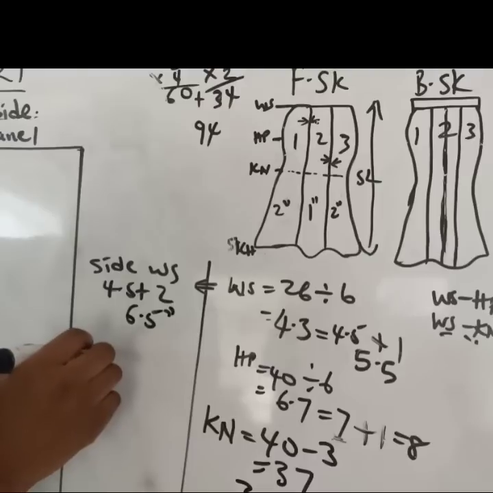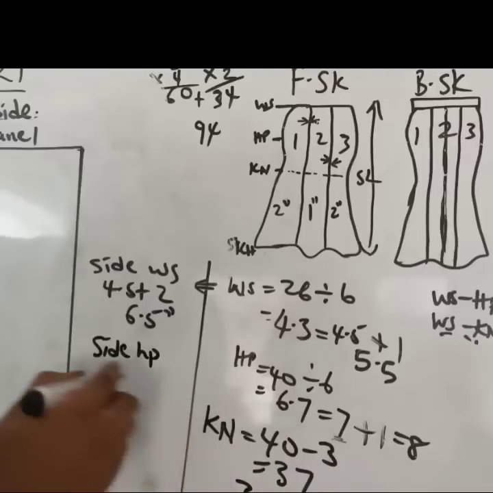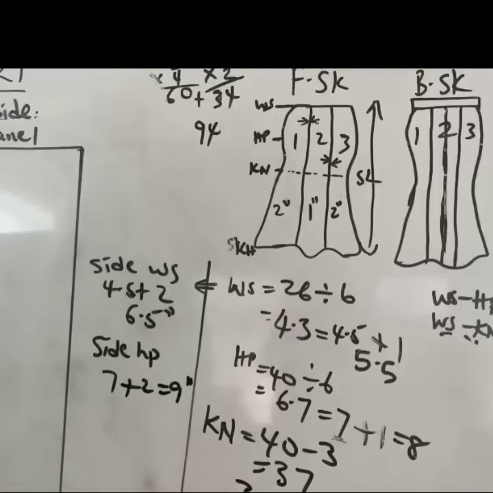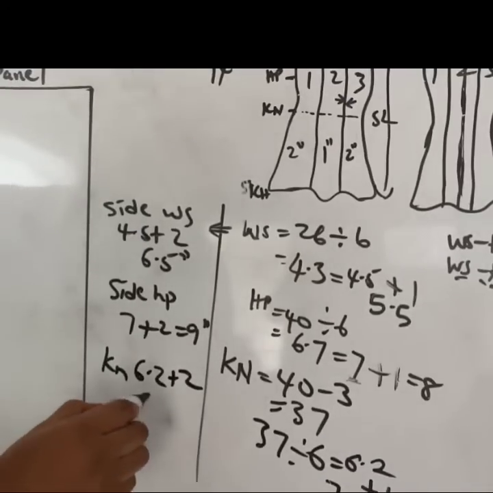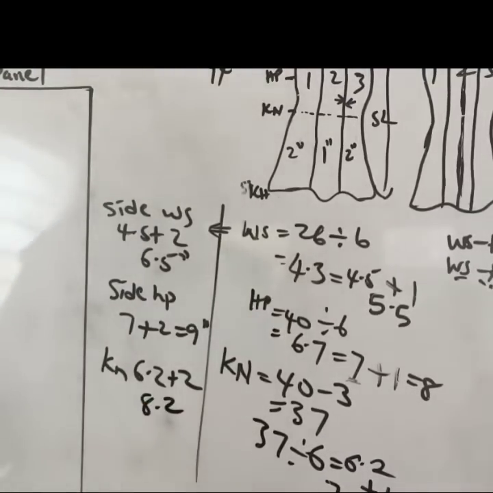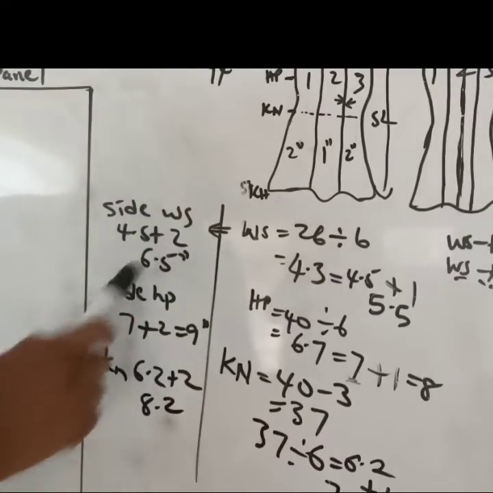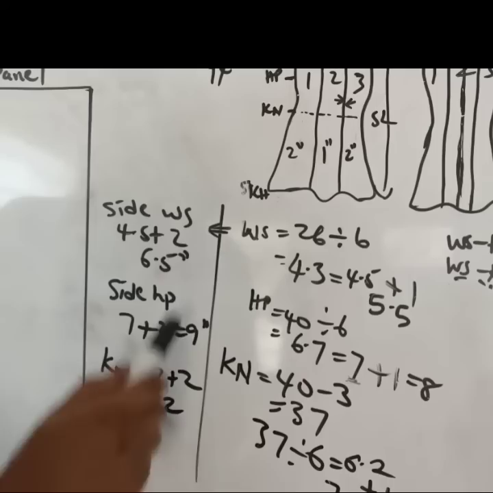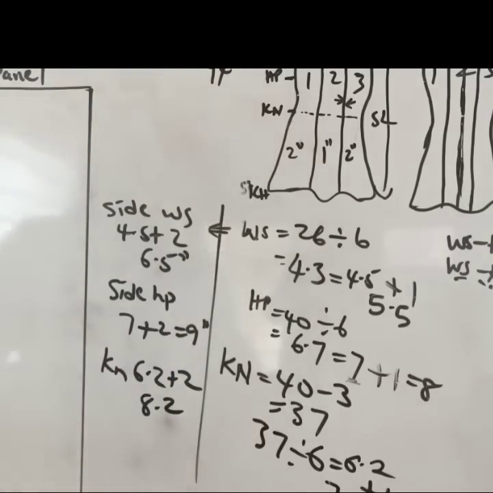And then the side hip, we had 7 before, we also add 2, we now have 9 inches. And then for the knee, we had 6.2 before, we will now add 2 inches, and then we now have 8.2. So for the side panel, this is the one we are going to be making use of: 6.5, 9, and then 8.2.